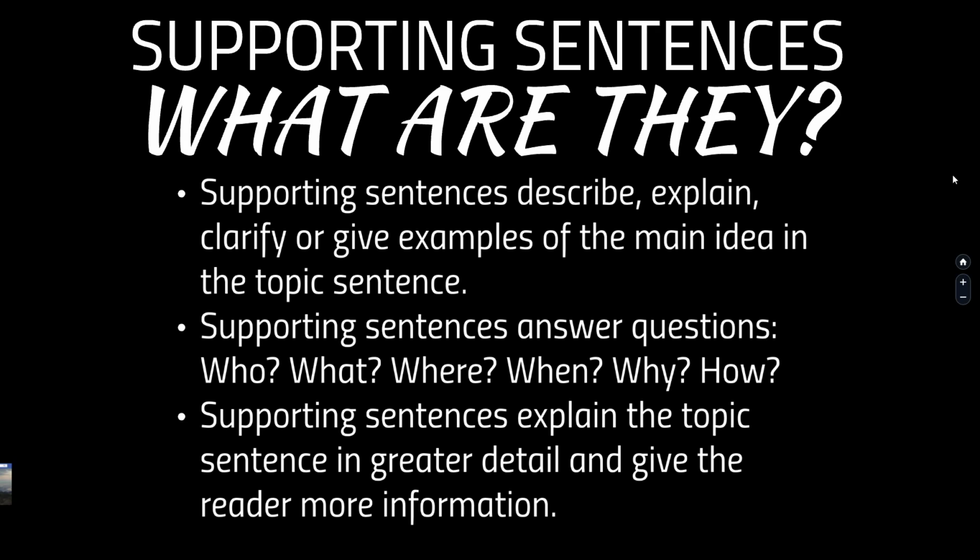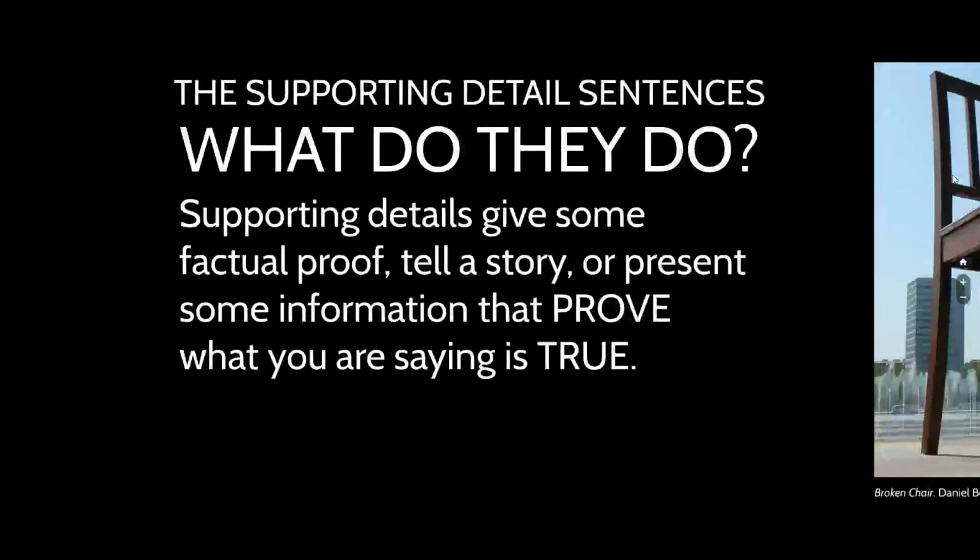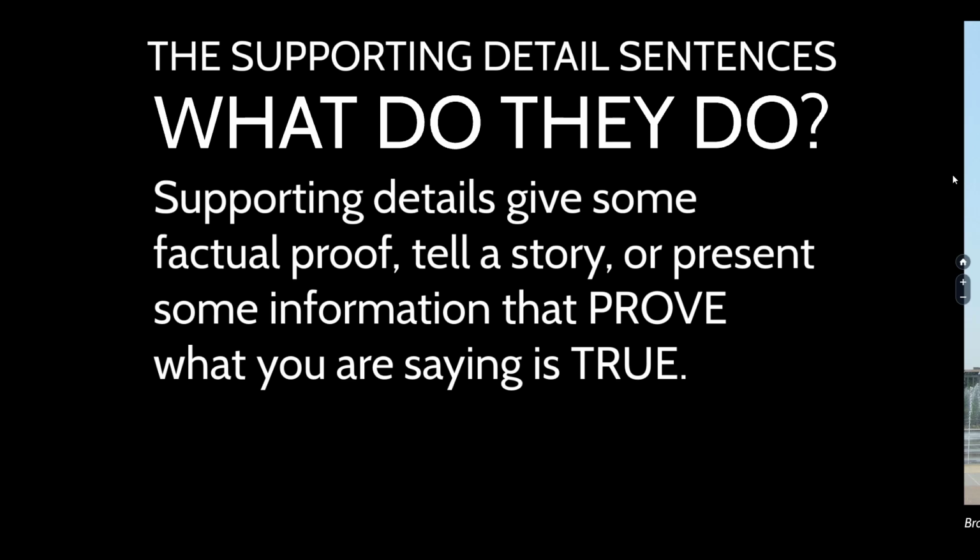Supporting sentences explain the topic sentence in greater detail and give the reader more information. So as you're writing, you're always thinking, how can I make the reader believe that what I'm saying in the topic sentence of this paragraph is true? So, supporting detail sentences, what do they do?